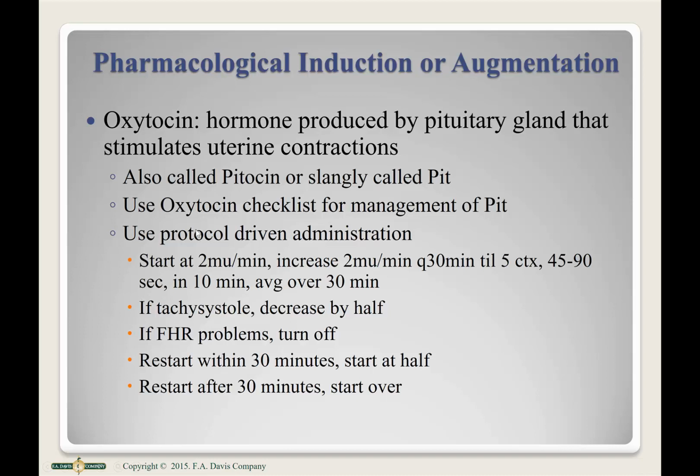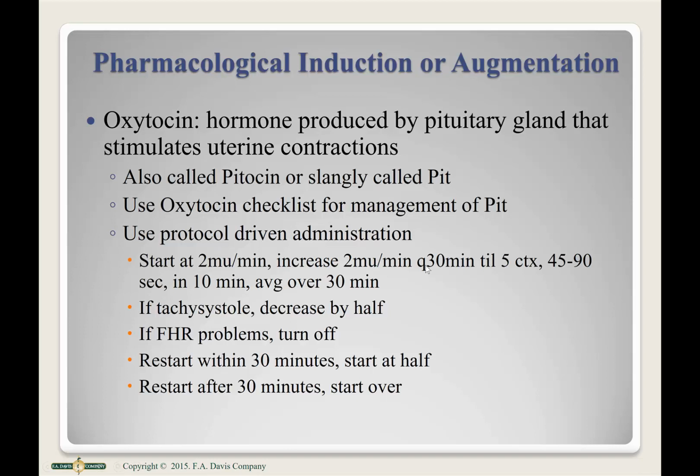We have 30 units of Pitocin in a 500 cc bag. We usually start at 2 milliunits per minute, which is 2 cc's per hour as the drip rate on the IV pump.